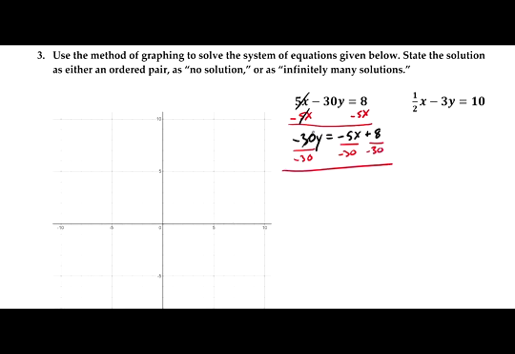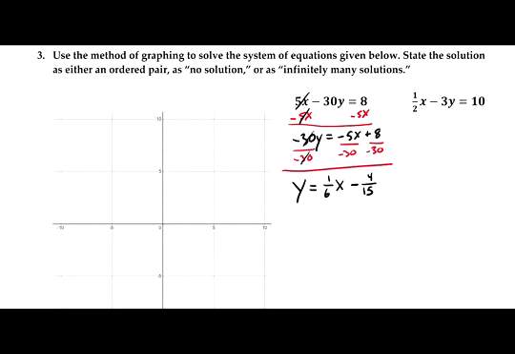So those negative 30s will cancel, and we have y equals 5 over 30. That reduces to 1 over 6, and the negative signs cancel, so 1 over 6x minus, because we have 1 plus and 1 minus, 8 over 30, which reduces to 4 over 15.